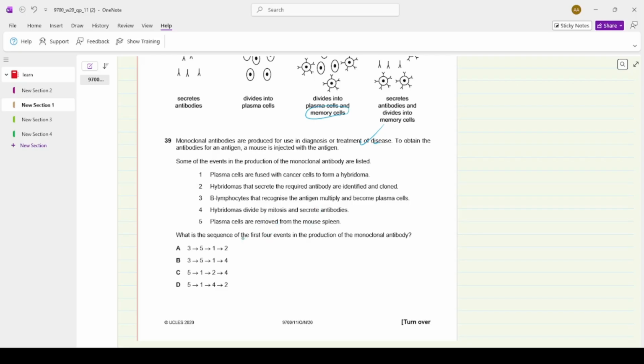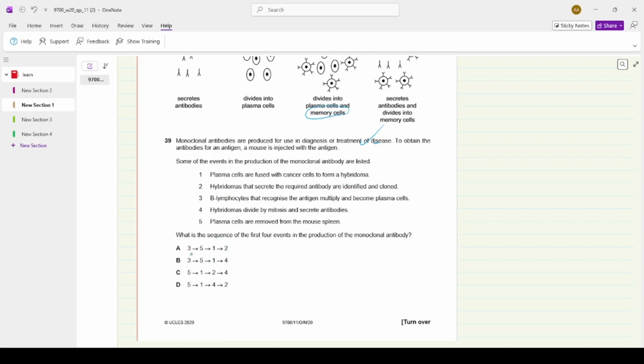Okay, here they were saying, what is the sequence of the first 4 events in the production of the monoclonal antibody? Okay, 3 is about the B lymphocytes that recognize the antigen multiply and become plasma cells. Then going to 5, plasma cells are removed from the mouse spleen. That is true. And then 1, plasma cells are fused with the cancer cells or the myeloma cells to form hybridoma.